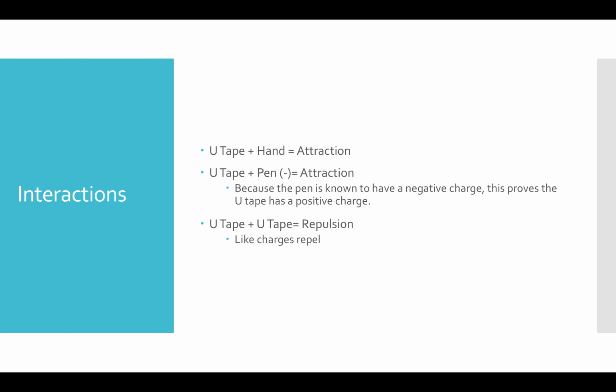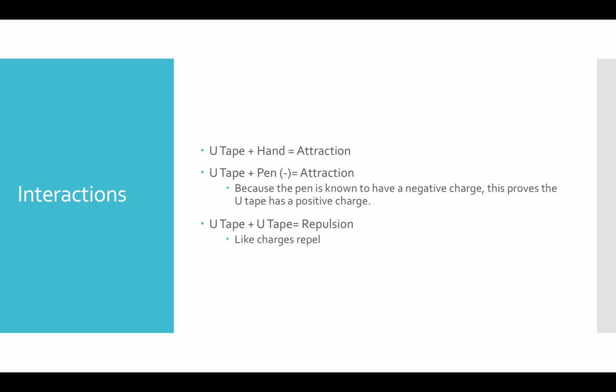So to start with the experiment, we did some experimentation on the different interactions between the tapes. First we created a charged U tape and saw how it interacted with our hand, and it was attracted. Then we did a U tape plus a pen that we knew to have a negative charge, and we found that those two were attracted to each other as well.